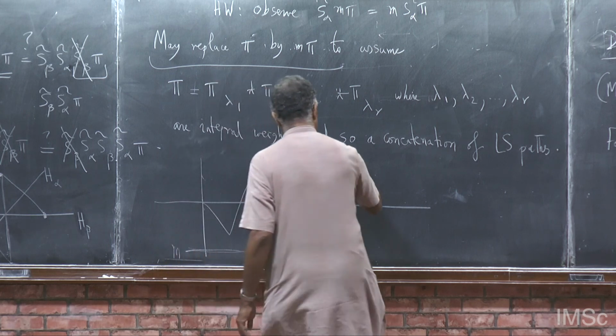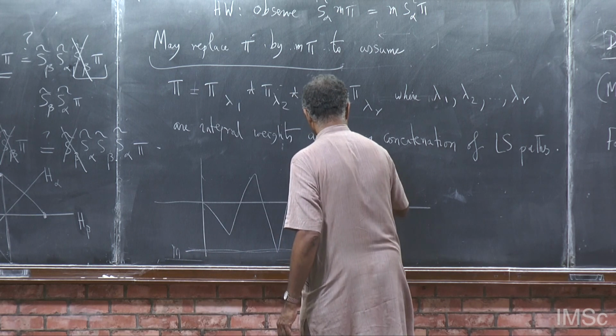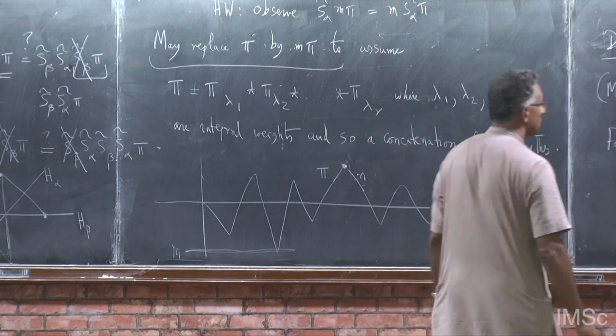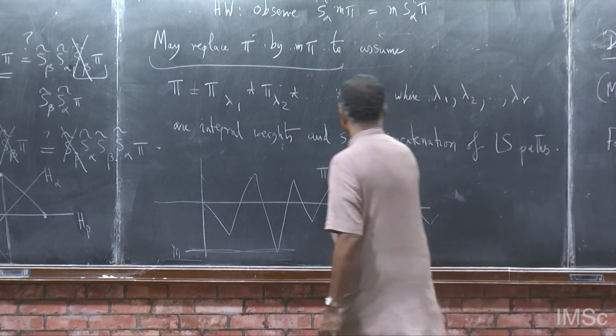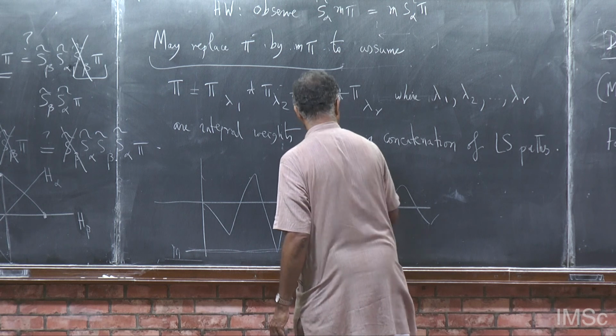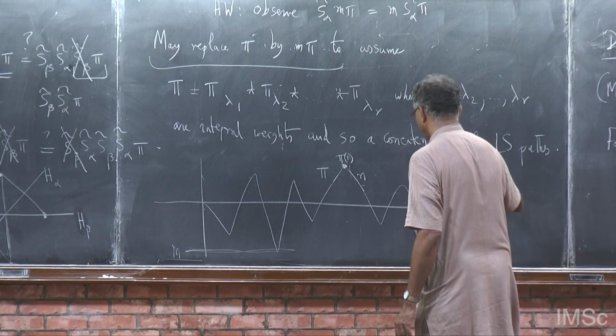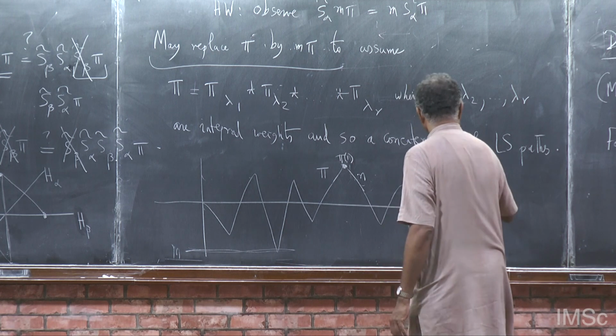And then this is the transition, this is eta, and eta is something. So this is pi of 1, and eta ends somewhere. So this is eta of 1.